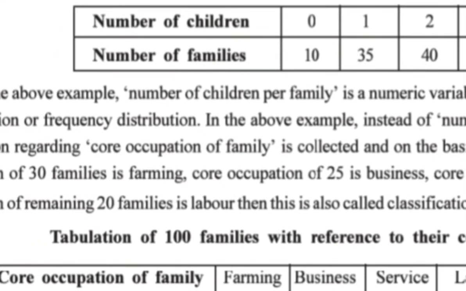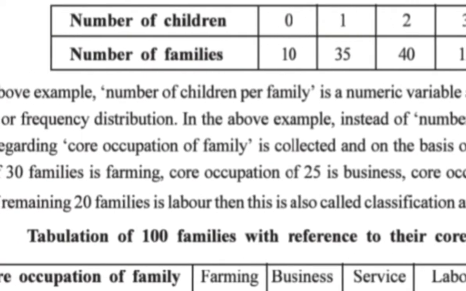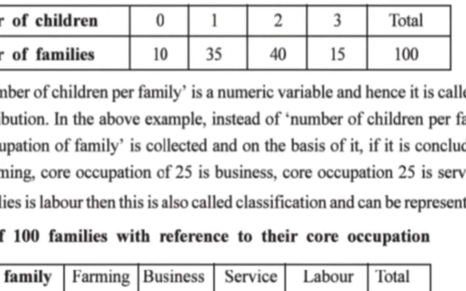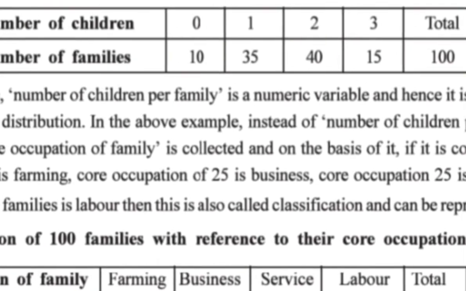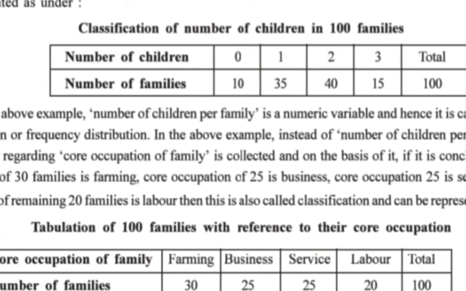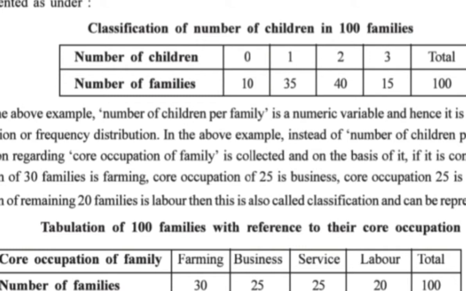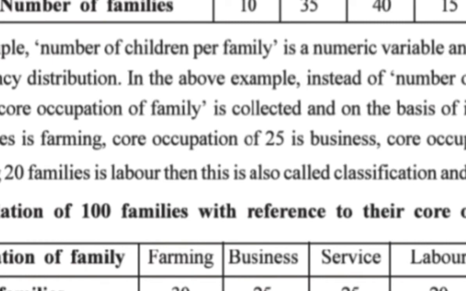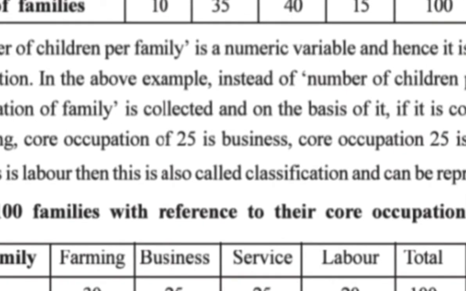See the second example over here, the table that has been given: tabulation of 100 families with reference to their core occupation. That is how the families are divided into different kinds of occupation. The categories of occupations are farming, business, service and labor.